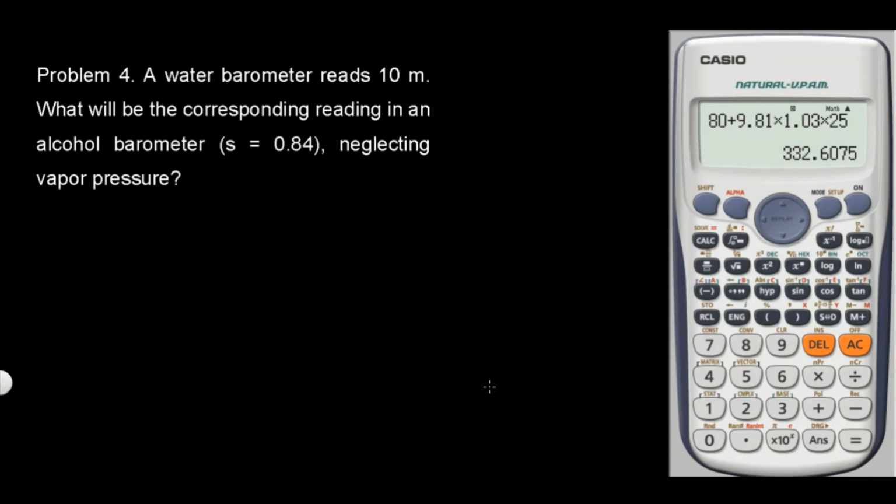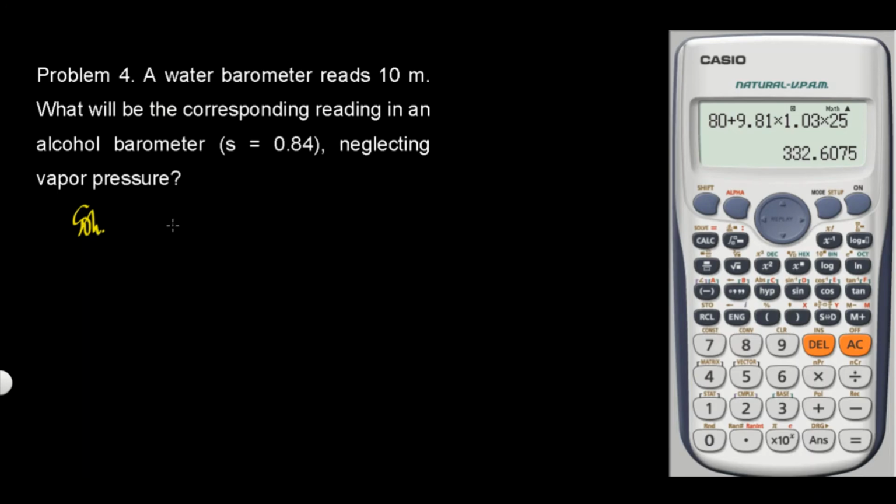Problem 4, a water barometer reads 10 meters. What will be the corresponding reading in an alcohol barometer given S equals 0.84, neglecting vapor pressure? Okay, solution. First, convert the water barometric reading to kPa.